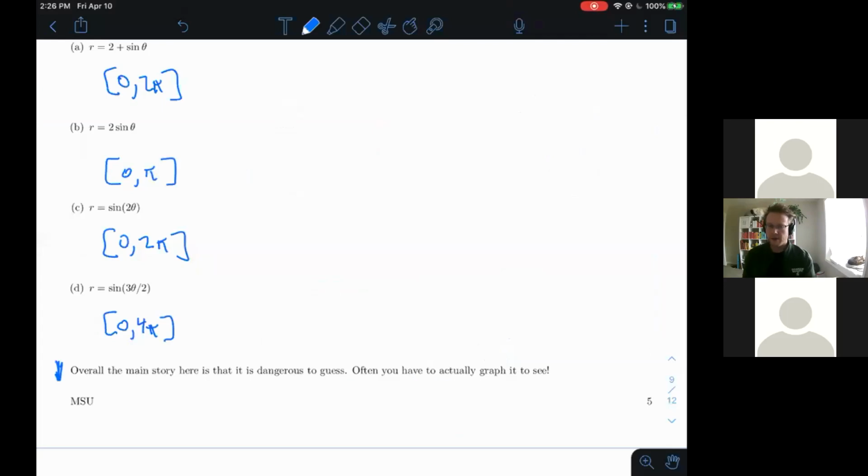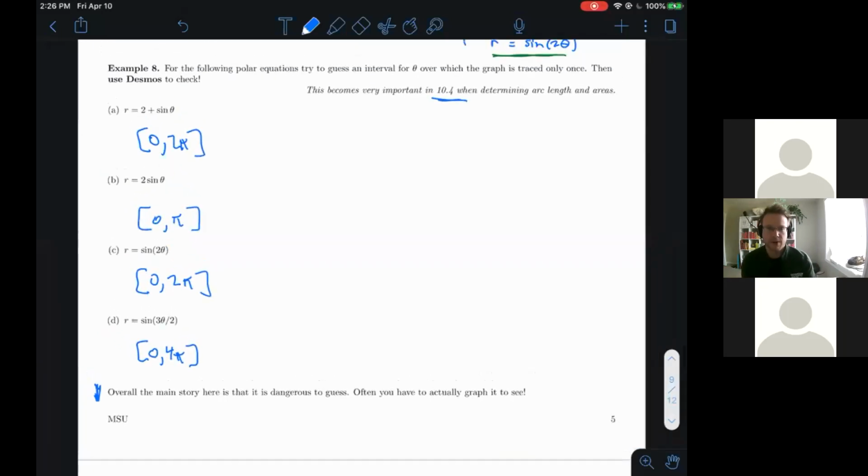Really, the only way to do this is to graph it. And some of these are certainly too extreme for a timed assessment like a quiz or an exam, but really you do have to graph it in order to know how far you actually need to go until it connects and you stop getting new points. So that's really what I wanted to bring up with this one here.